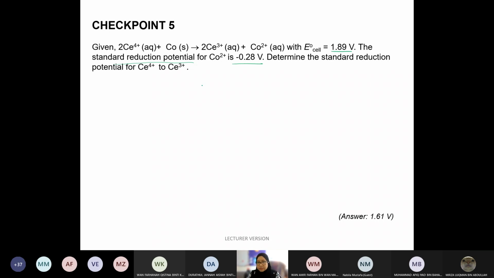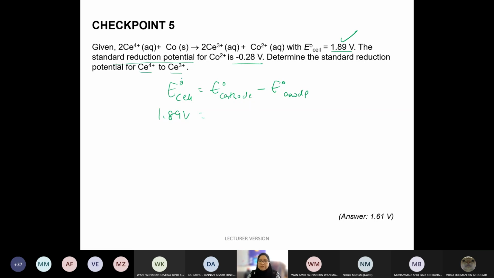Okay, it's the same thing. You still need to be using the simple formula just now. The E naught cell is equal to E naught cathode minus E naught anode. This one has been given to us, 1.89 volt, but we have to determine the standard reduction potential for Ce4+ to Ce3+.